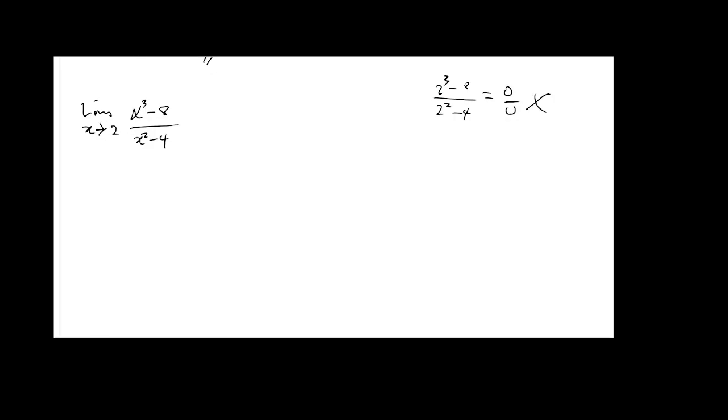We must factorize, right? We must factorize. So we are going to have the limit as x approaches 2 of x cubed. What number can we raise to 3 to give us 8? That is 2. So 2 to the power of 3 all over x squared.